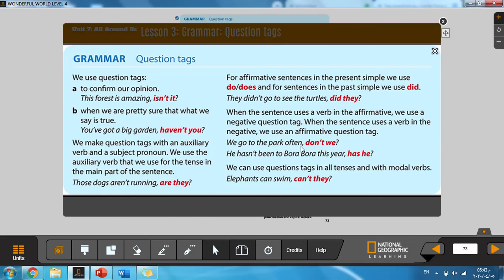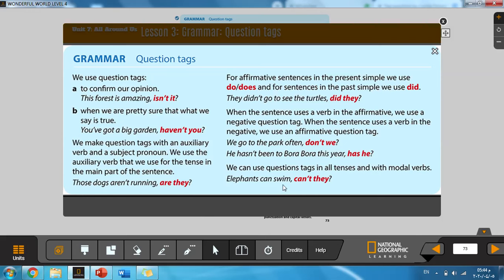In the first sentence, we go to the park often, the sentence is affirmative, so the question should be negative, don't we? Here is the opposite: He hasn't been to Bora Bora. Hasn't is negative, so the question is has he? We can use question tags in all tenses and with modal verbs.